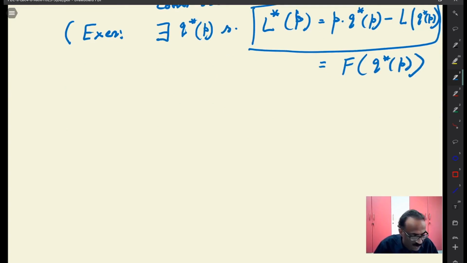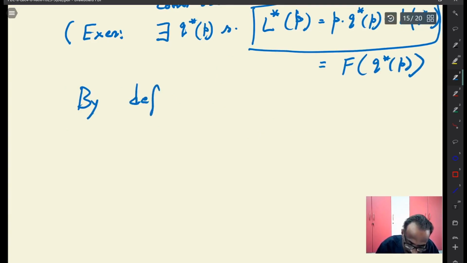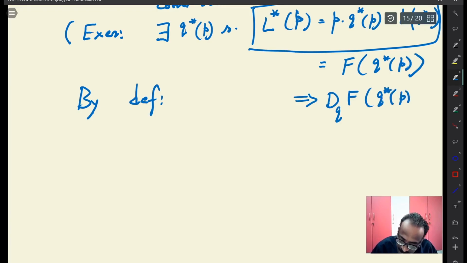By definition, since this is a maximizing point, Q star is a maximizer, so that implies the derivative in q of F evaluated at Q star of P is equal to 0. So that's a maximizer.